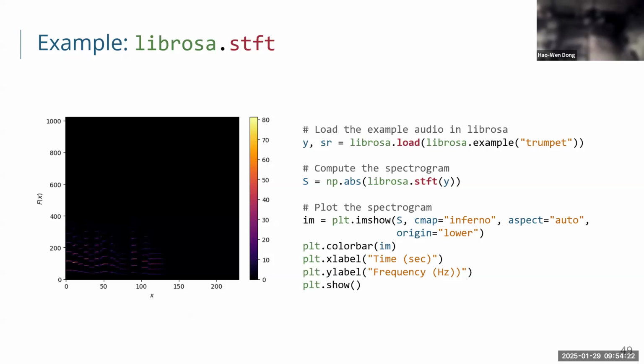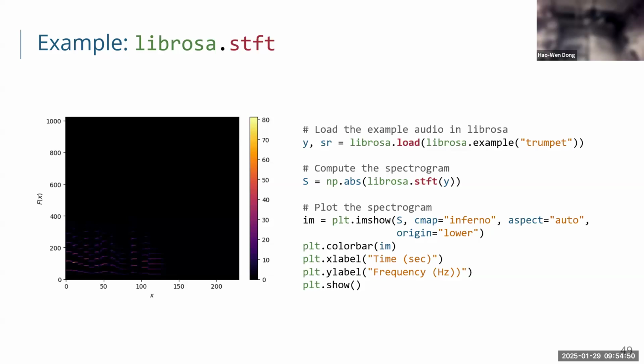If you do librosa.stft, we can do a demo, I guess. But we can go over it and then look at the Python code later. What you do is you load the example audio with librosa.load, and this is the example file, but you can also put whatever WAV file you have. Then you compute the spectrogram with librosa.stft.